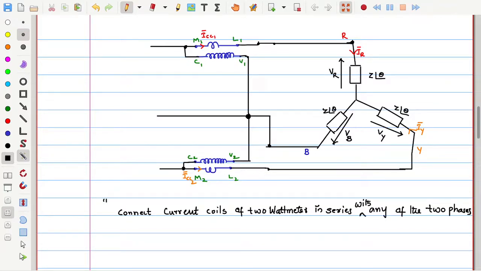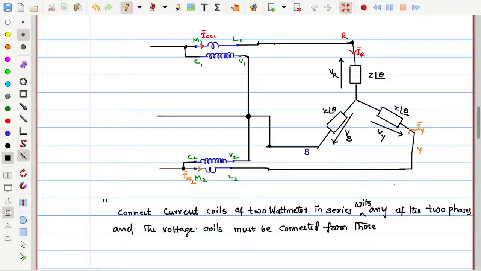You should do these simultaneously and carefully: current coils must be connected in series with any of the 2 phases, and the voltage coils must be connected from those phases to, those phases meaning whichever I already chose.